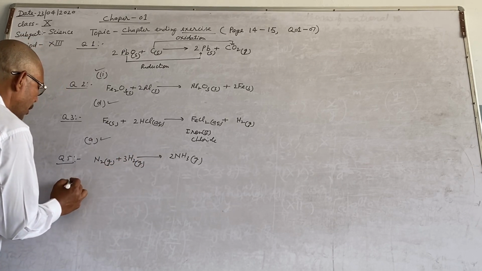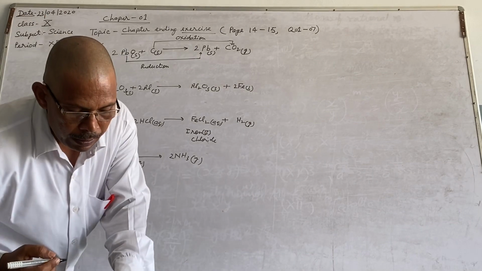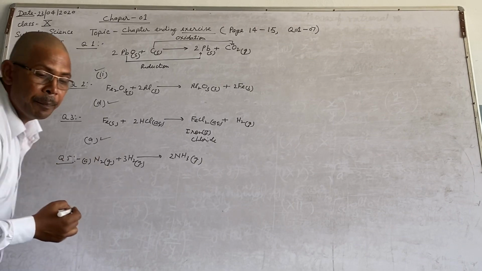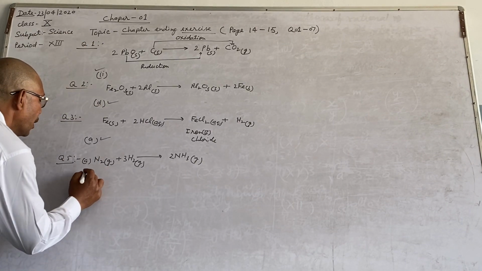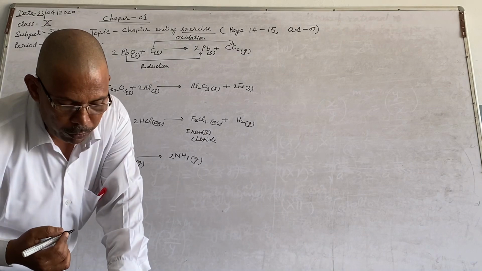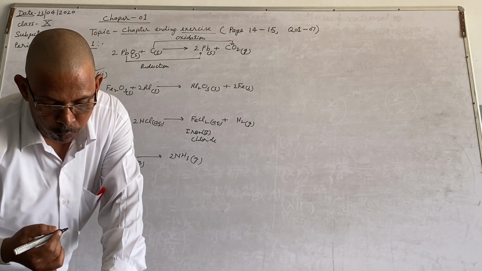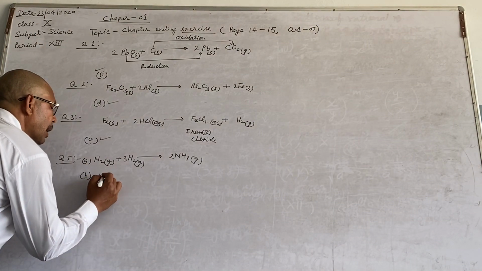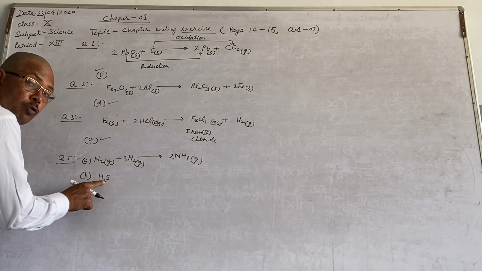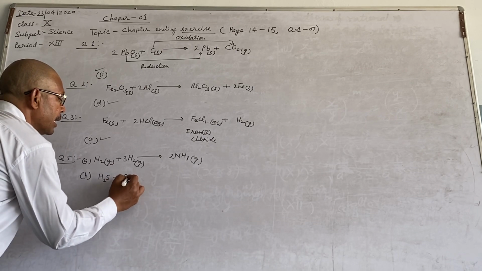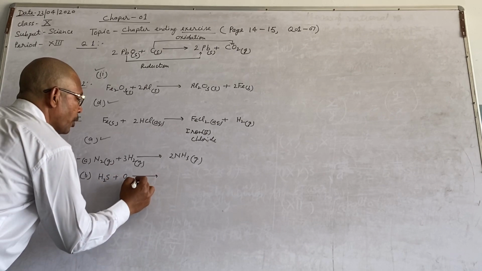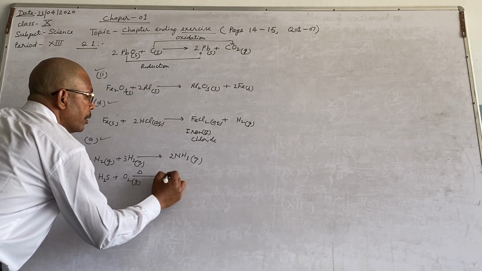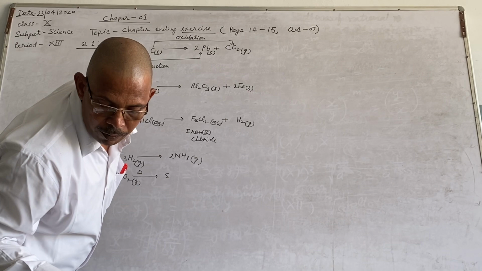Not 6 but 5A. This is 5A. 5B. Hydrogen sulfide gas burns in air to give water and sulfur dioxide. The chemical formula of hydrogen sulfide gas is H2S plus oxygen to produce by burning. What will be the products?